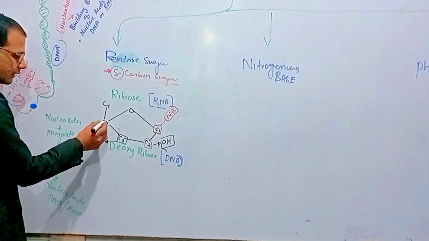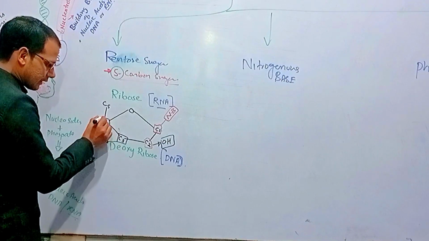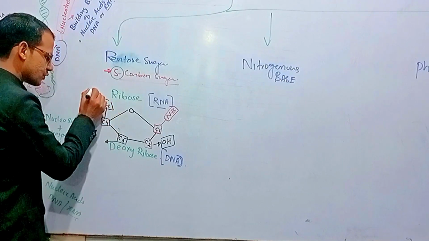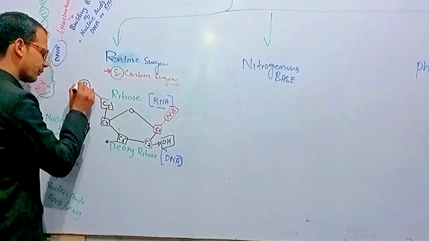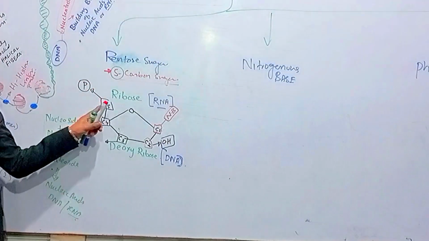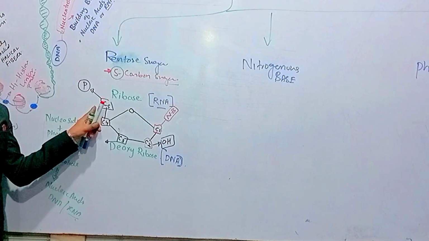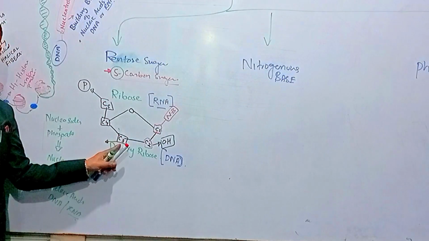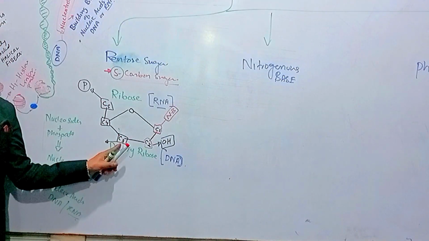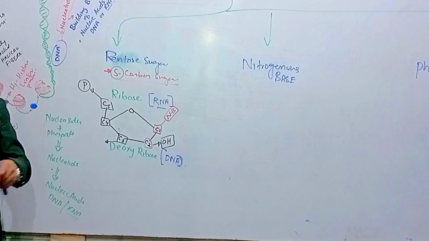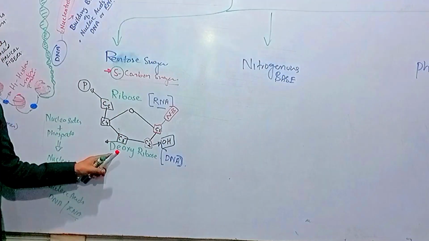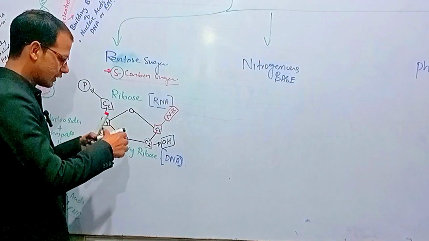Right? This carbon 4 is common and this carbon 5 is attached to the phosphate group. On one side it will attach with carbon number 5, on the other side it will attach with carbon number 3.